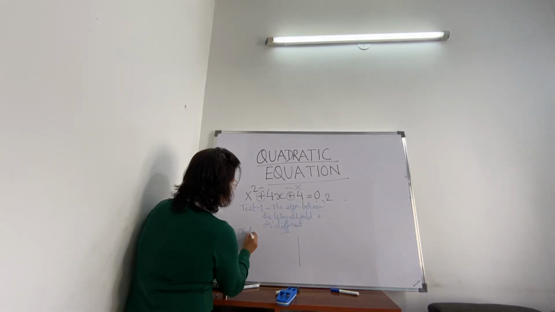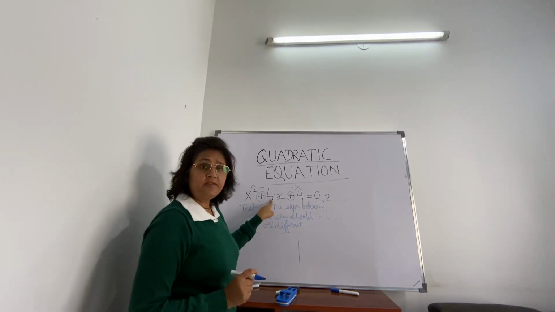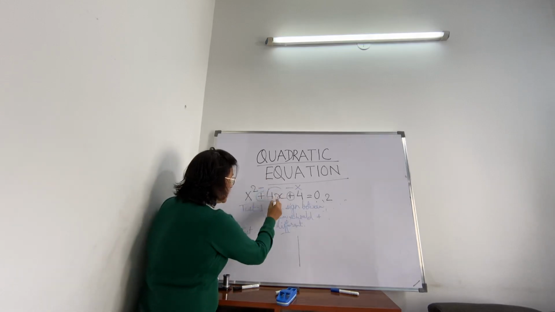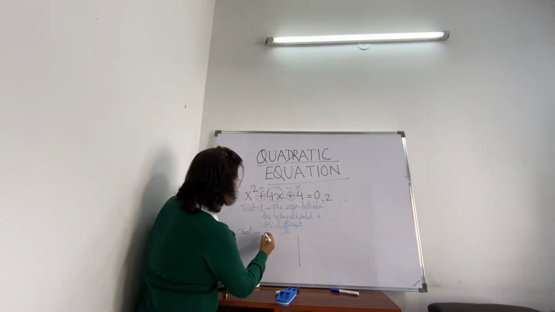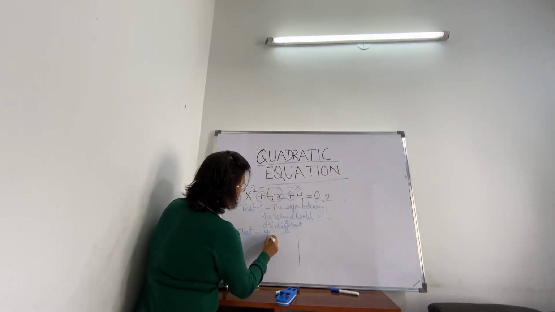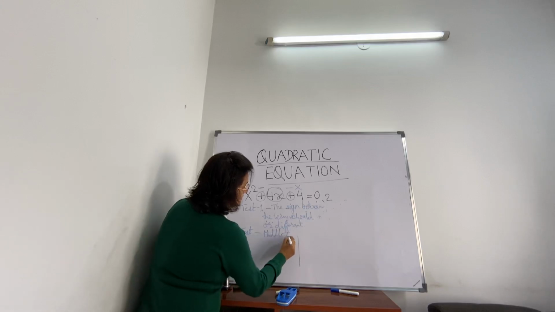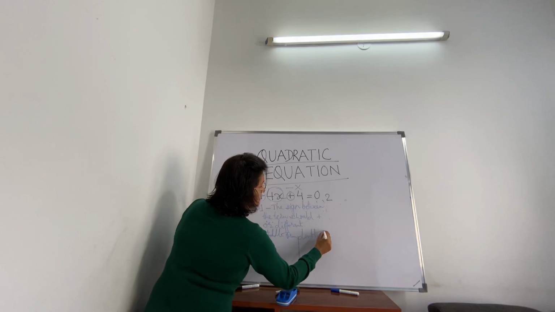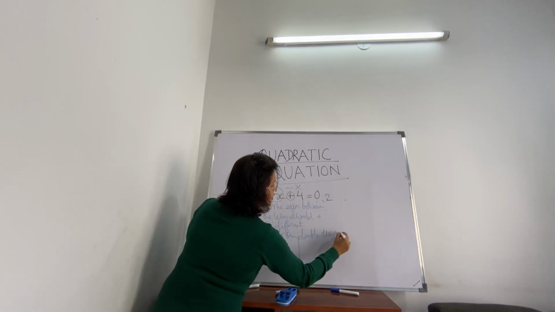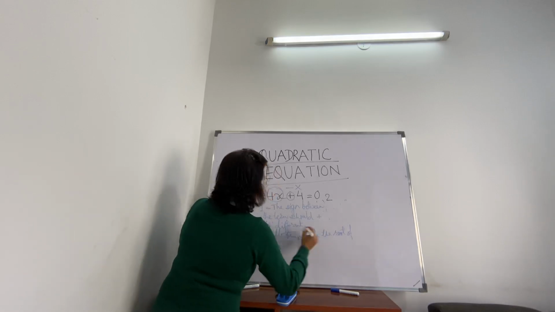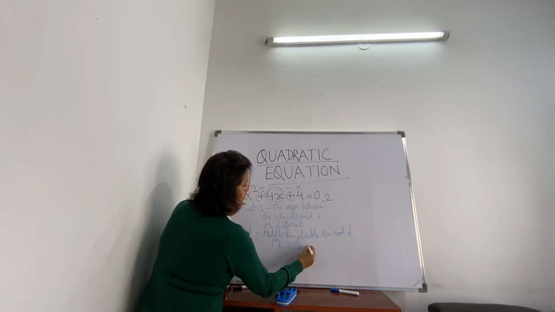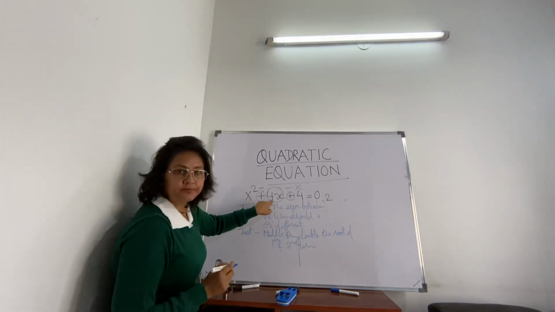Test number 2 says, for understanding whether it's a perfect square or not, the middle term is double the root of the first and second term.